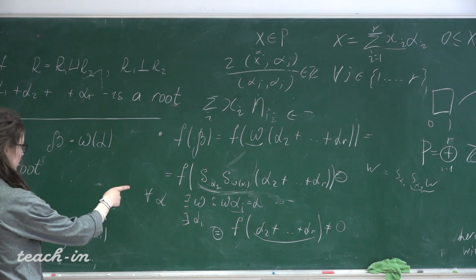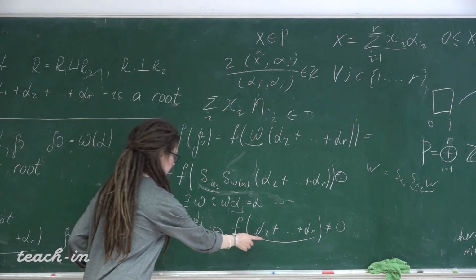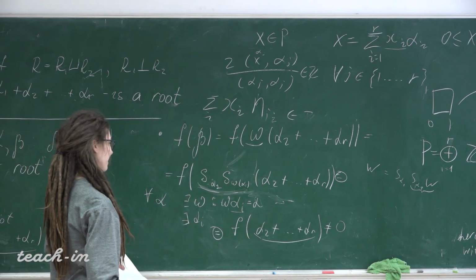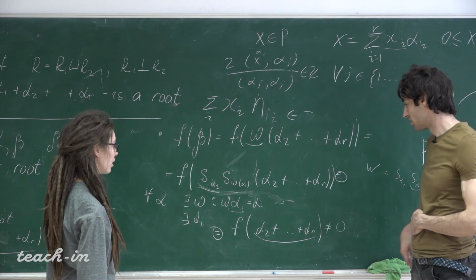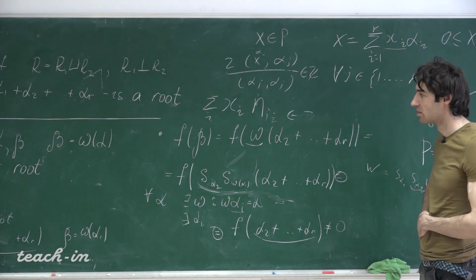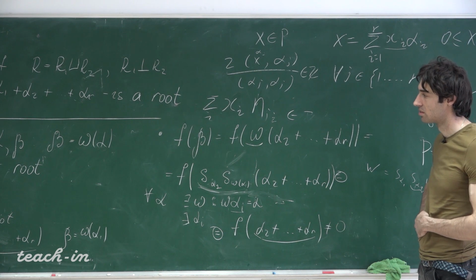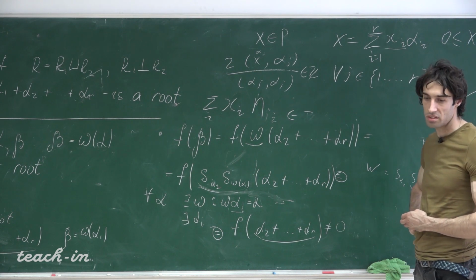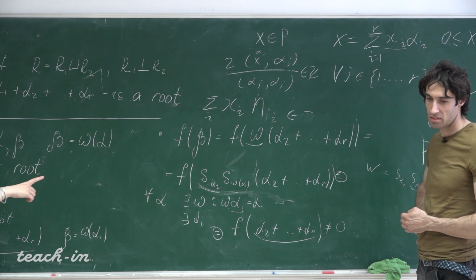Why is this not 0? Because we say that our function works like it's 0 if it's not a root, and it's not 0 if it's a root. So if this is a root, it cannot be 0.